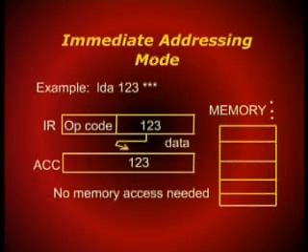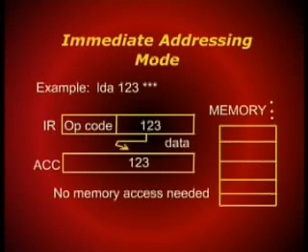We have considered an example as load A 123. The contents of the instruction register are indicated. You'll see, following the opcode, the data 123 is available, and that would just go in this example to the accumulator.